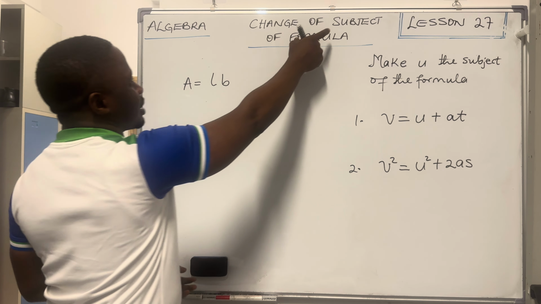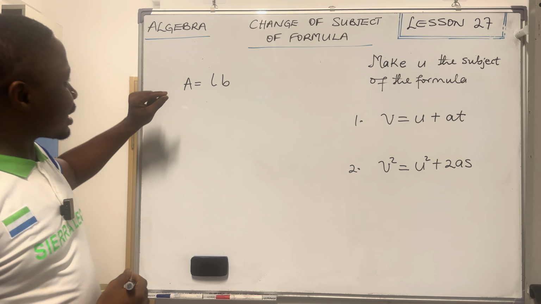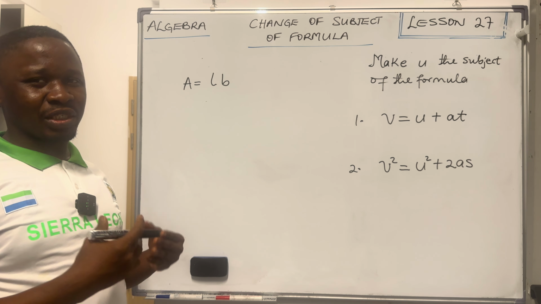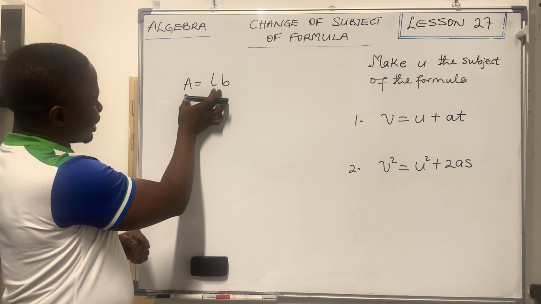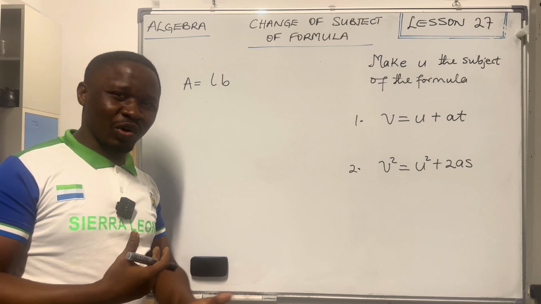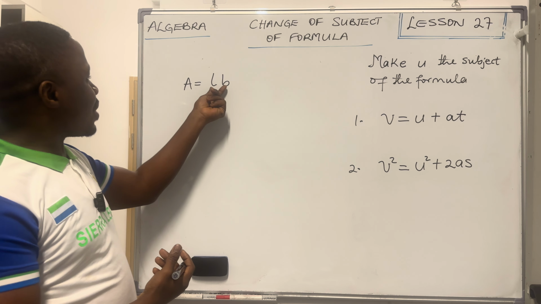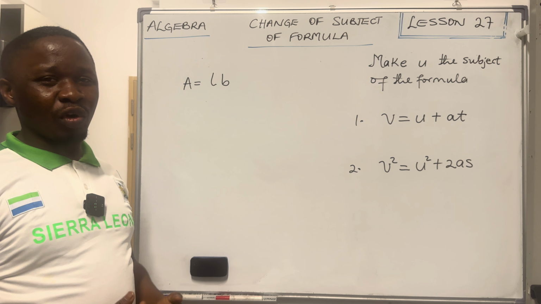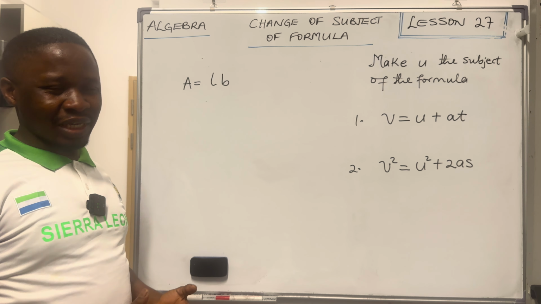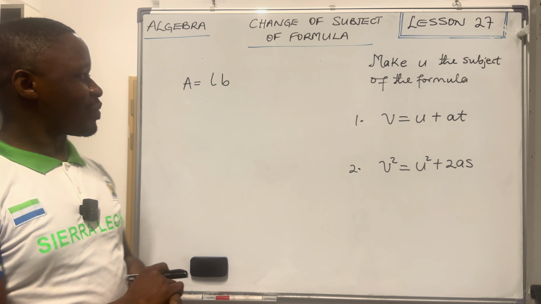Now, what is meant by change of subject? As it stands, A is the subject. You've understood what is meant by subject now. So the manipulation or the process of rearranging so that one of the remaining letters can also stand alone on one side, can also become the subject, is what we mean by change of subject of formula.